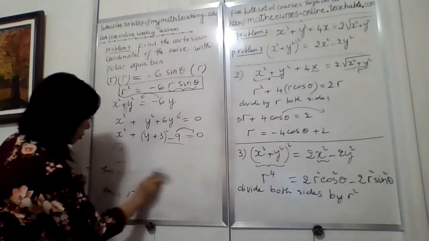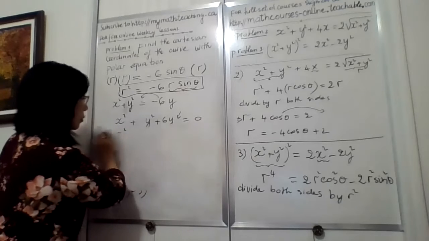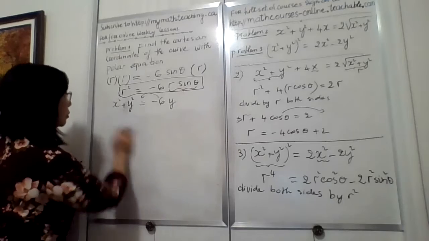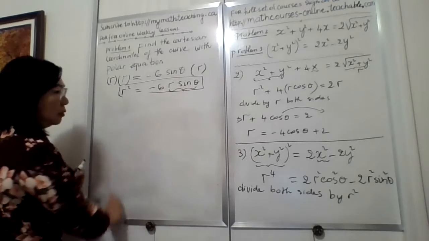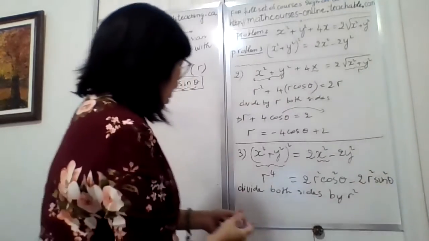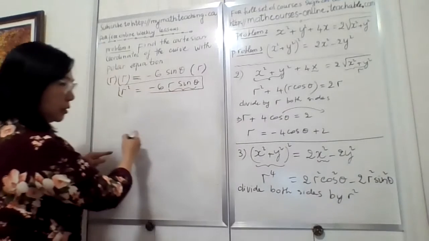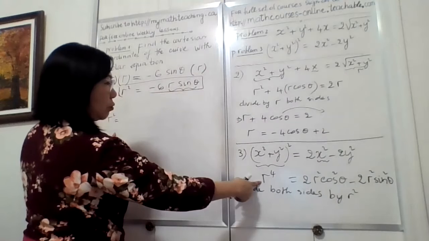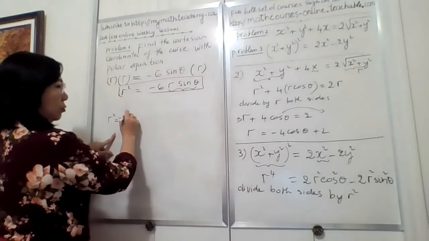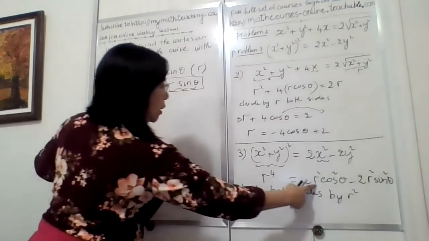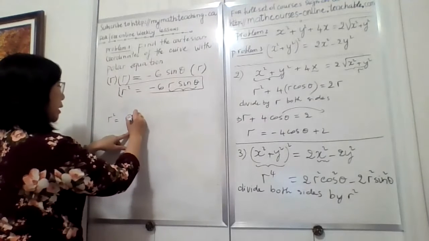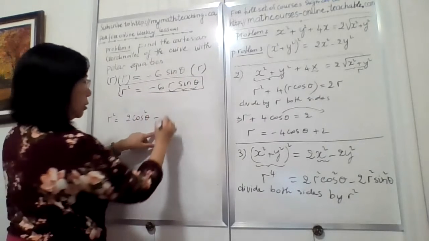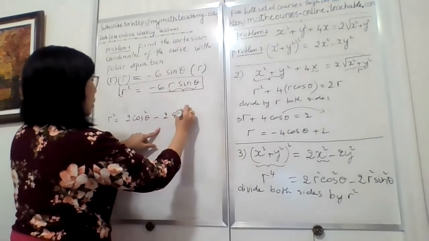So I'm going to continue with this. Divide both sides by r squared. So r to the 4 divided by r squared equals r squared, equal to 2 cos squared theta minus 2 sine squared theta. The r squared is gone because we divided by r squared.